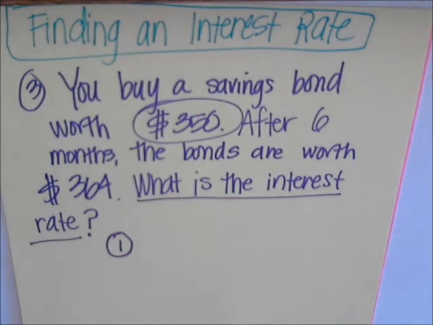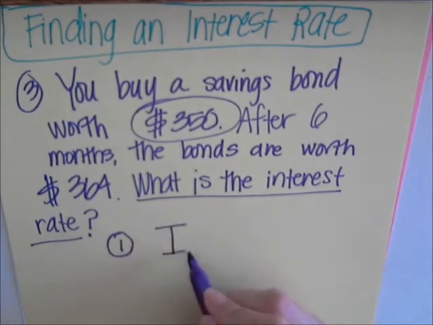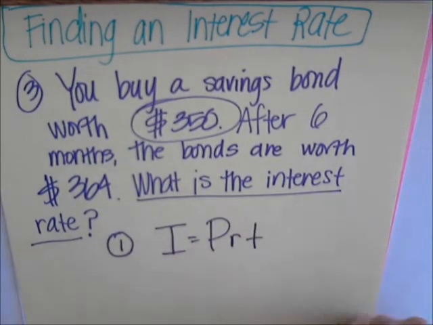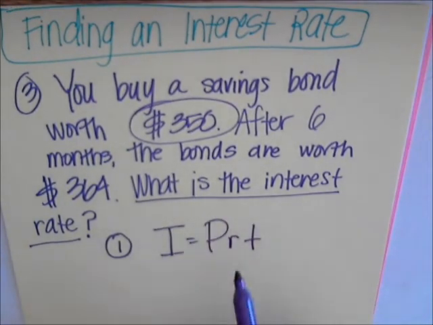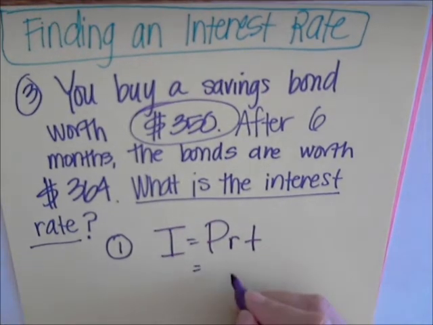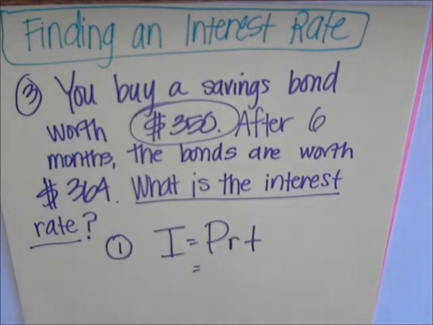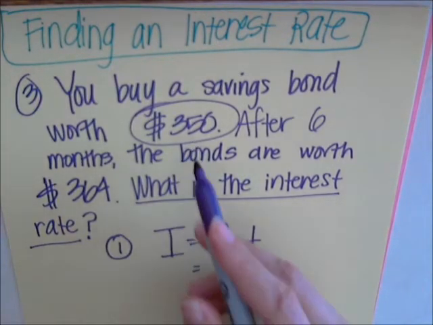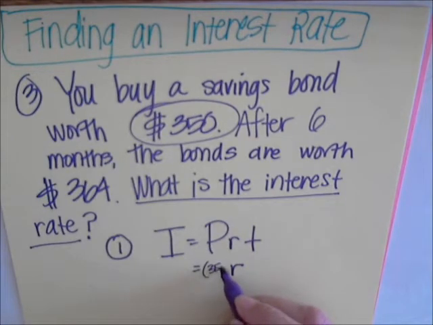My first step, I'm going to write I equals PRT. If they want us to find the interest rate, that means that R is going to be staying the same, staying right there, because we don't know it yet. That's going to be our unknown. The principal is 350.